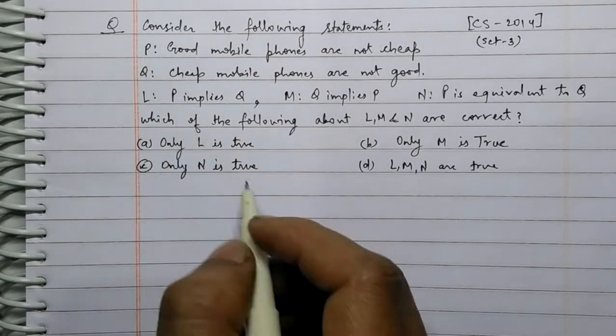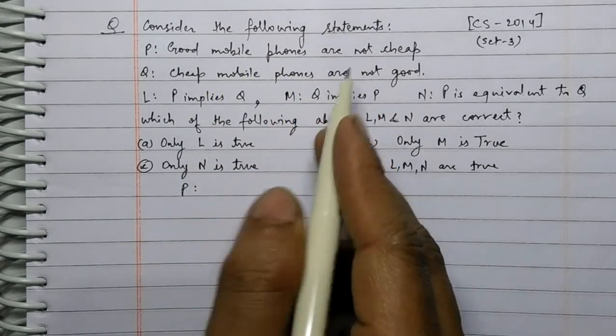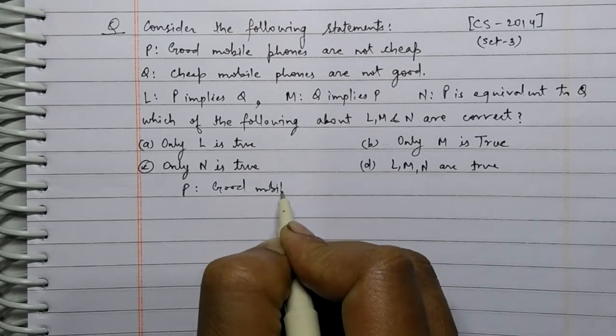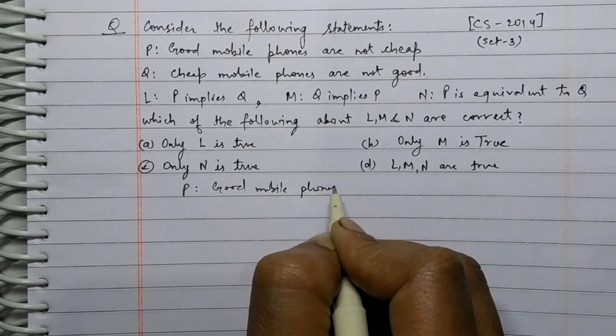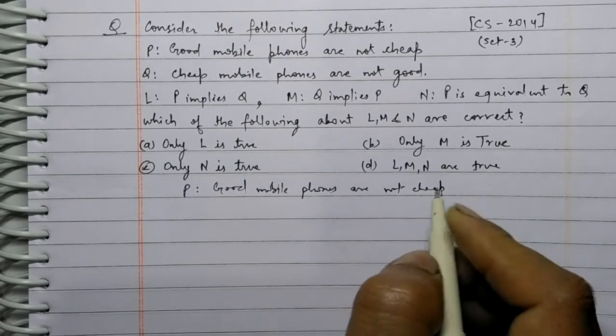The statement P says that good mobile phones are not cheap.